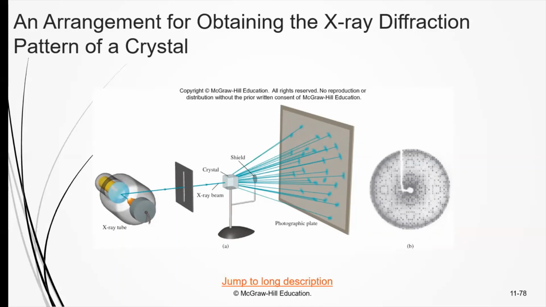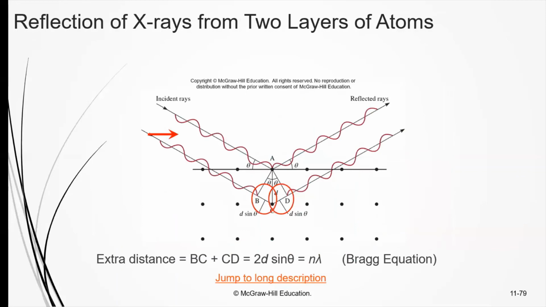What happens is that when an X-ray gets shined onto a sample that's a crystal, some of that light will come in and get bounced back from the surface, but some of it will be able to penetrate to the next level and get bounced back. We're going to see a difference in that angle because it's had to go in deeper. That extra distance before it gets reflected back, we can measure.